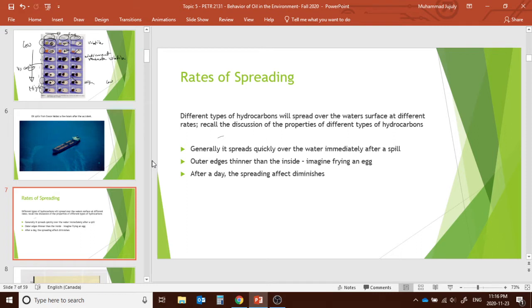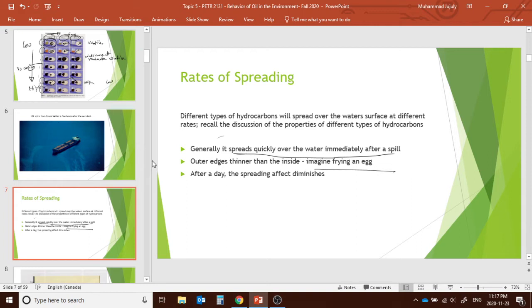For instance, it spreads quickly over the water immediately after the spill. The outer edge is always thinner than the inside. It totally makes sense. Imagine frying an egg. This is a perfect example.